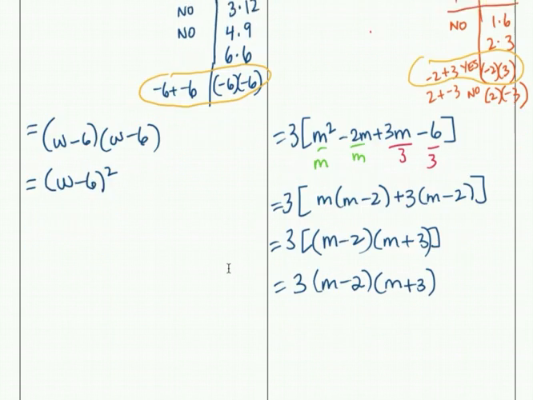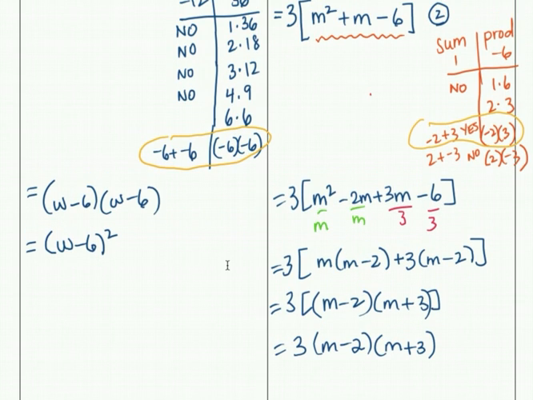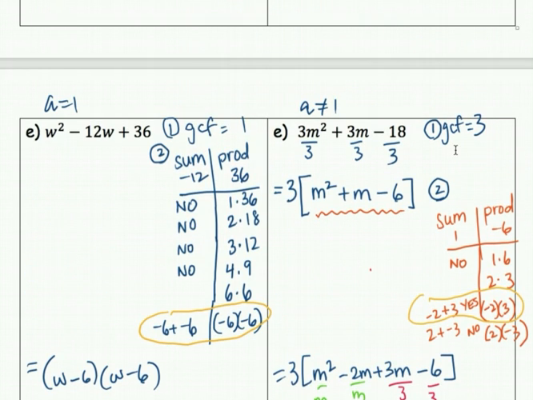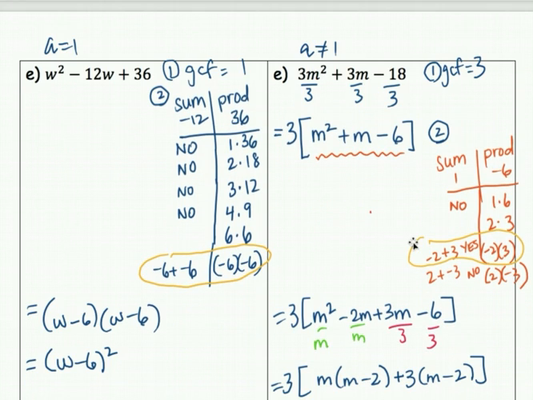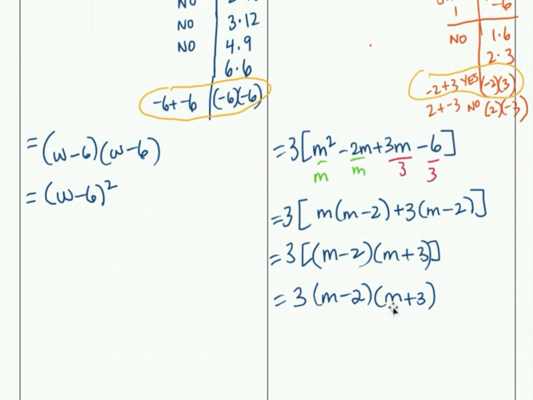All right, so do we have any left? Nope, that's it. Those are all the different ones in your practice, and I think that should have shown you everything that's out there. So again, always be checking for the GCF because there might be a number that can be divided out, and if you don't do it, it ends up messing with you with the product sum, and you're sitting there trying to find the factor and it doesn't work, or sometimes it does work but you don't end up with the most factored answer.